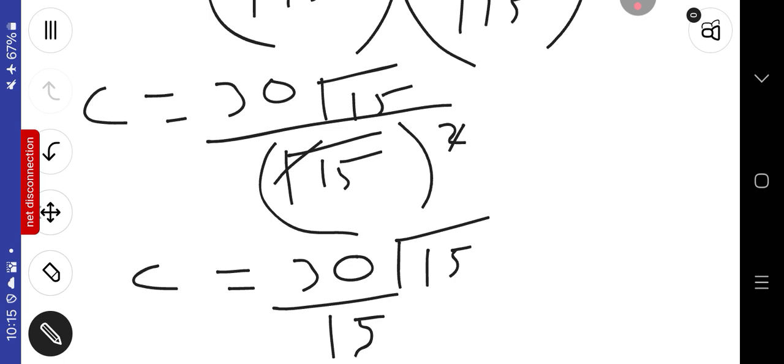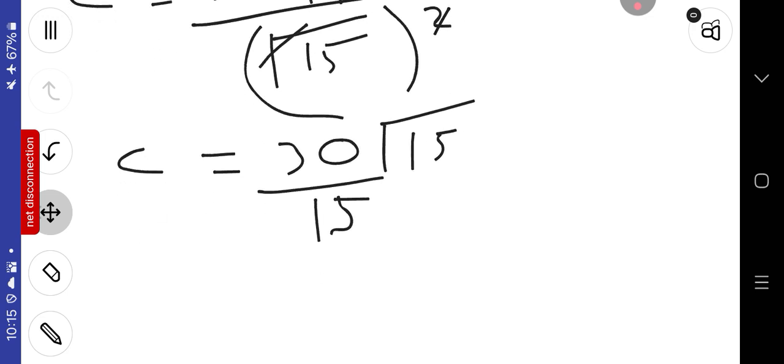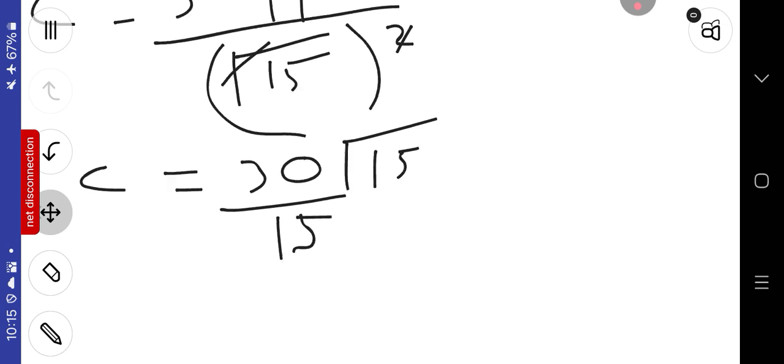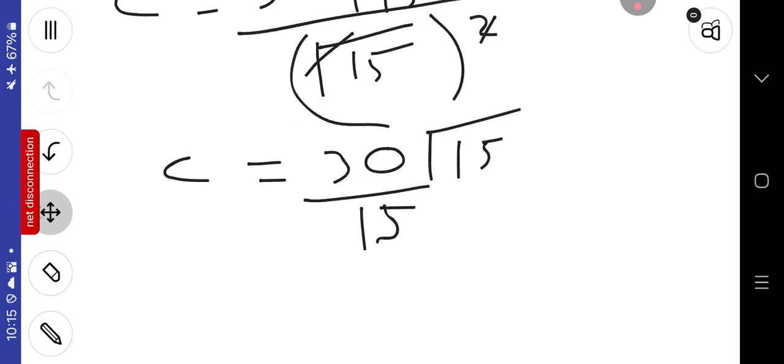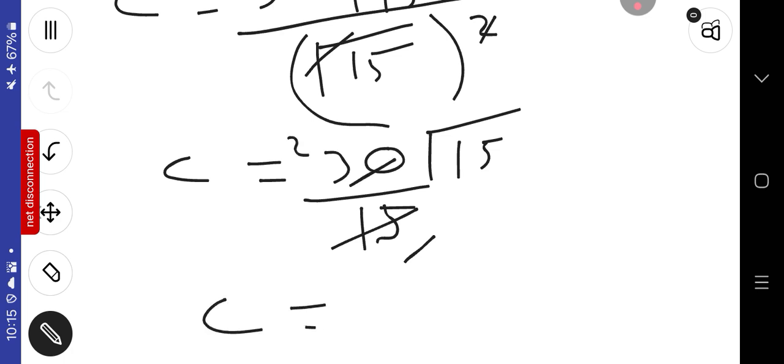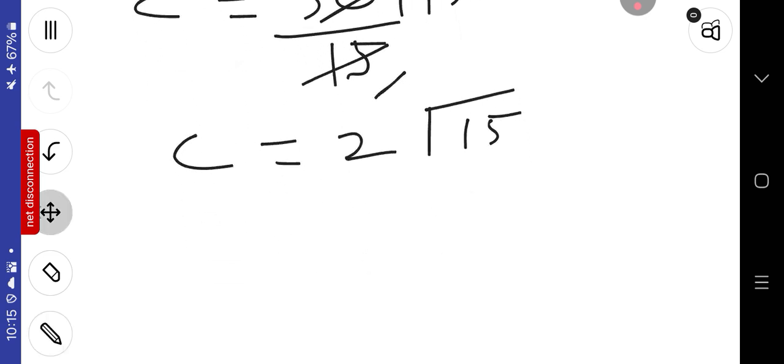Now we know that 15 cancels itself, 1, goes to 30 two times. So C is equal to 2 root 15. Now we know the values for A, B, and C.